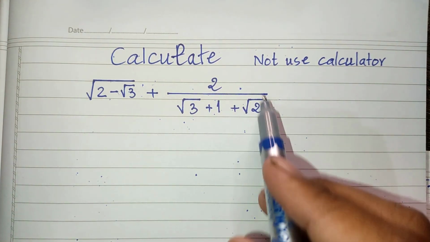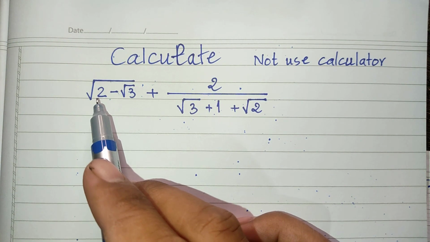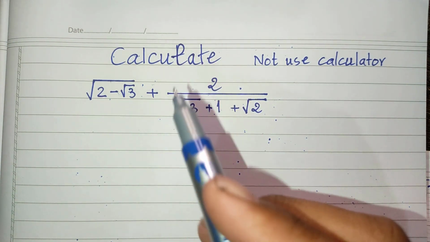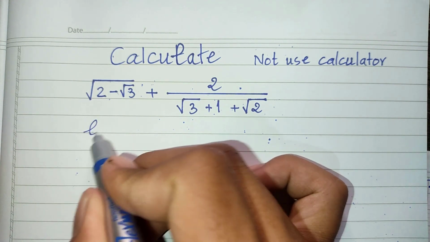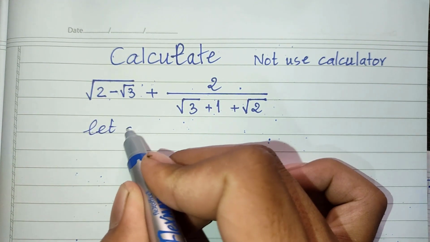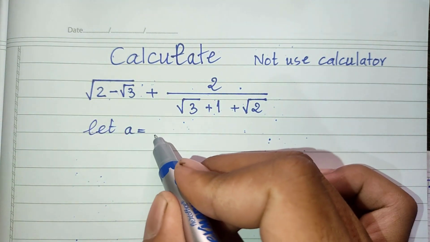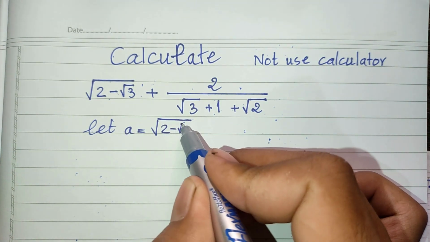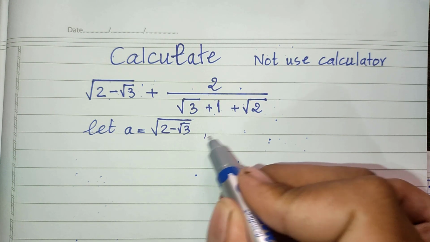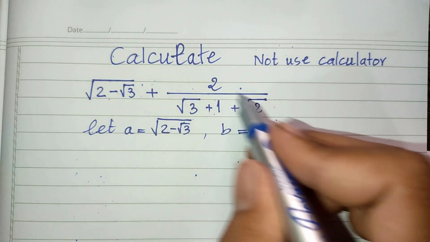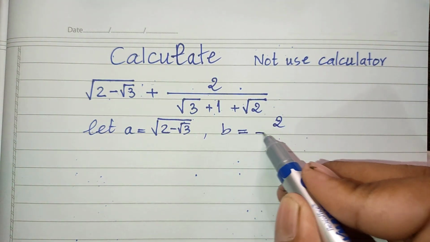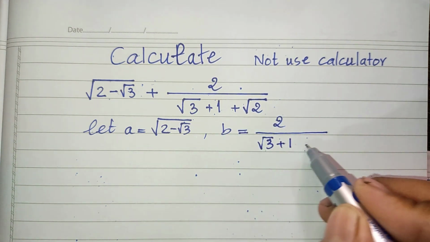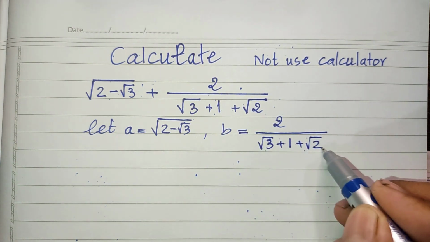To find the value of this expression, we must let these parts be variables. Let a equal the square root of 2 minus square root 3, and b equal 2 divided by square root 3 plus 1 plus square root 2.